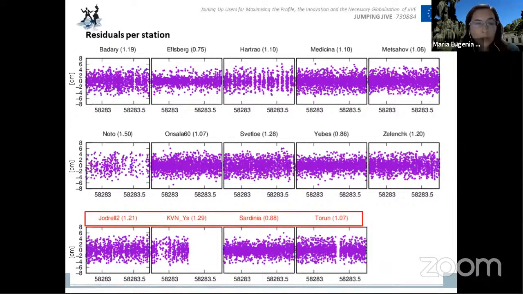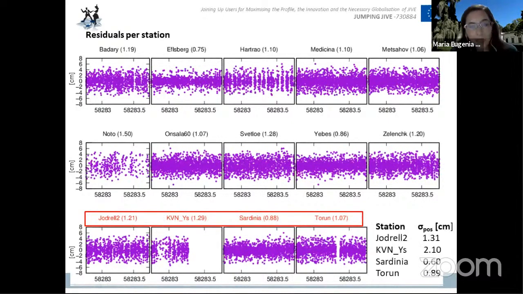We still have to continue the analysis, maybe with Jodrell 2. And finally, the error in the station coordinates is more or less around 1 centimeter, sometimes better. So we have an estimation for the coordinates of these antennas.